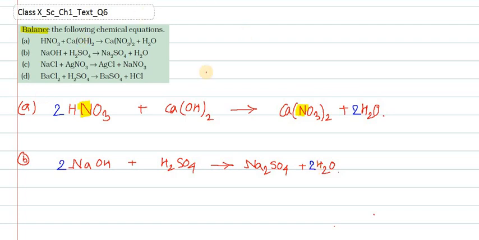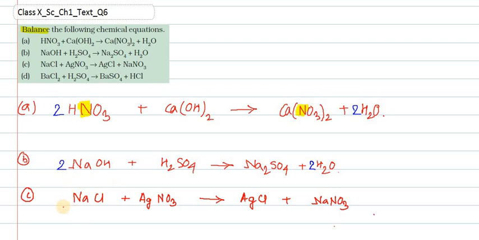Now let's move on to part C. Part C says NaCl plus AgNO3 becomes AgCl plus NaNO3.